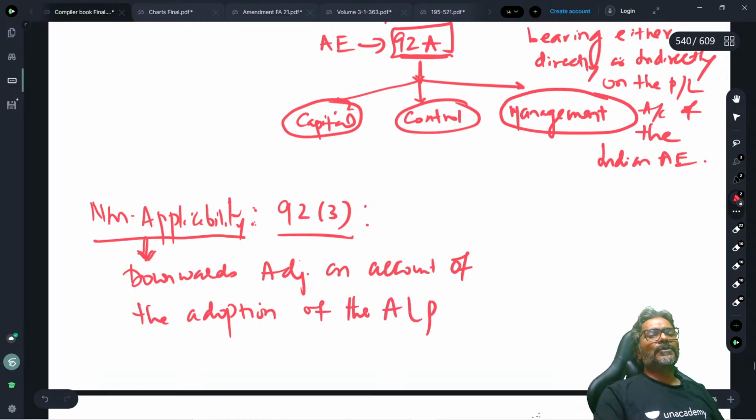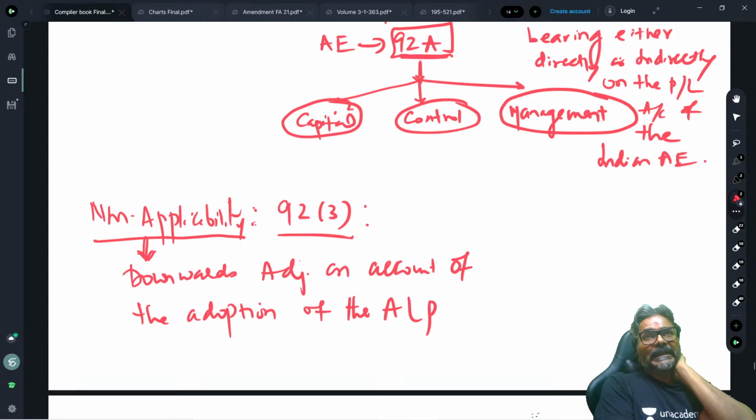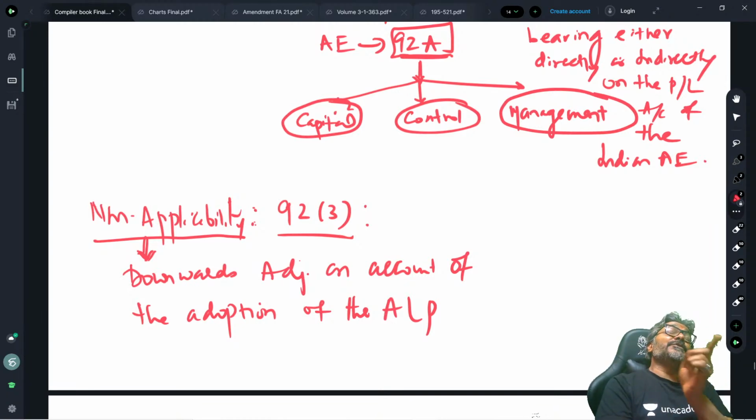Now students, as you all are aware, downward adjustment means that if I have adopted the ALP, then this has resulted in my total income going on a lower side or my loss increasing further as compared to the loss which I have shown in my tax returns.